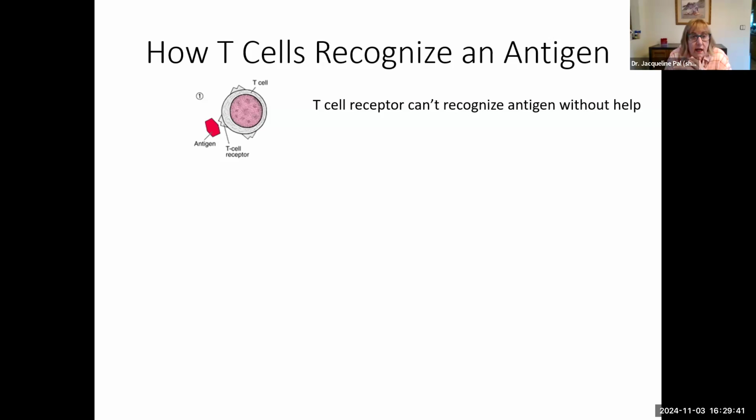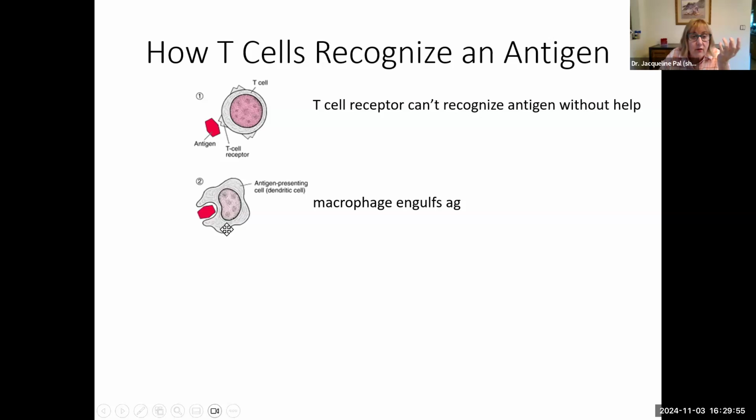Well, here's a T cell. It's got receptors. There's an antigen, but it's going, I don't see you. Okay. So, what has to happen is a macrophage has to come engulf the antigen first.